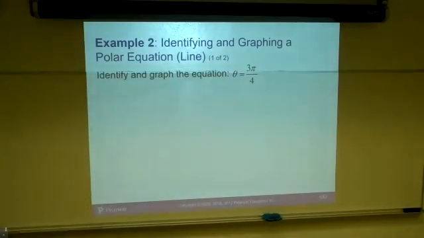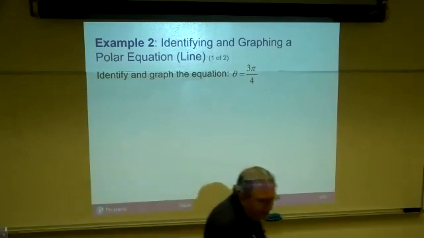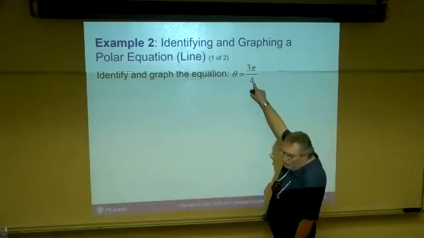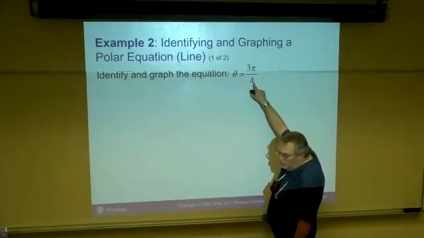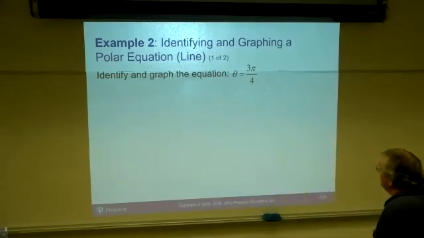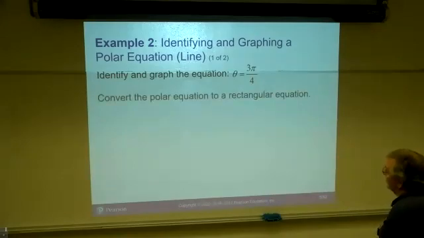Identify the graph of the equation. All right, now there's no r, so the radius could be positive or negative. It's just the angle has to be this angle. Let me see how they do this. Convert the equation to a rectangular equation.